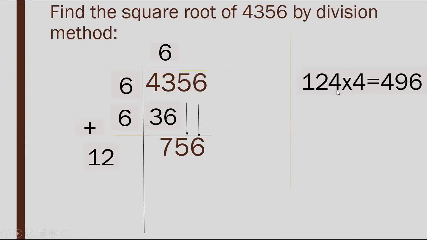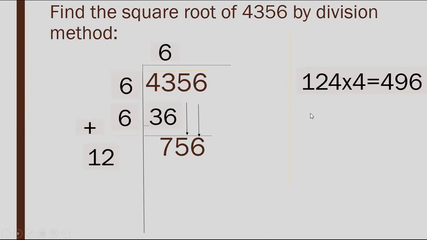Because we know that 4 into 4 is 16. That means on the ones place I'm getting 6, and here on the ones place I want 6. So I can take 4, but we are not getting the answer.